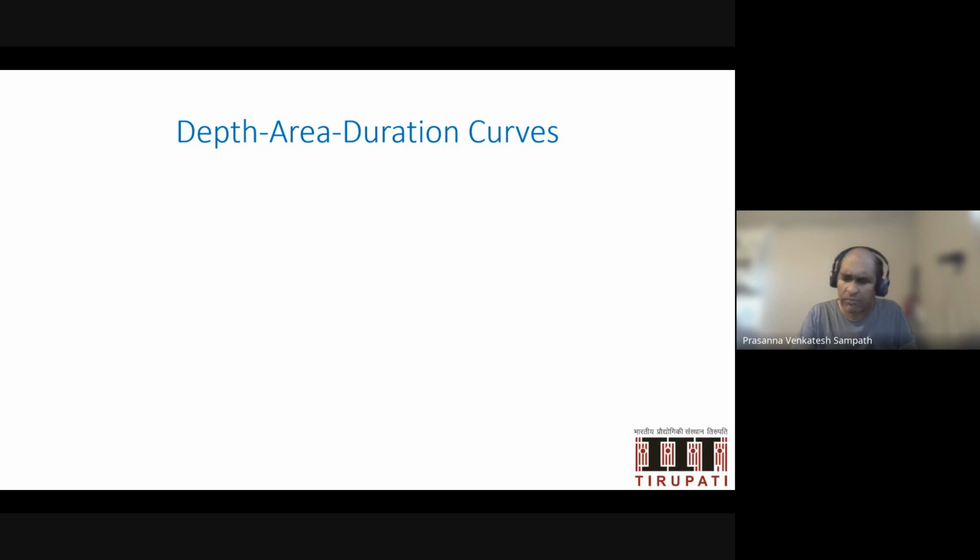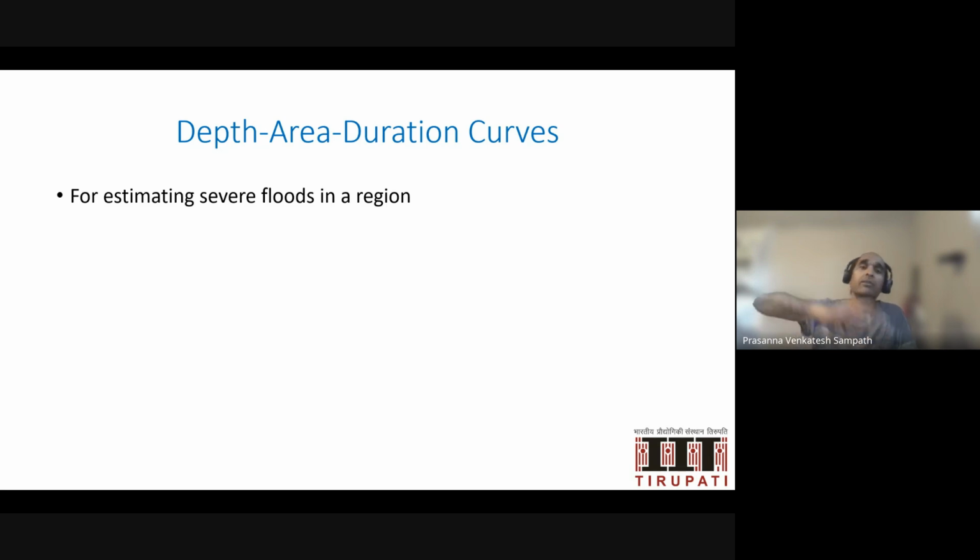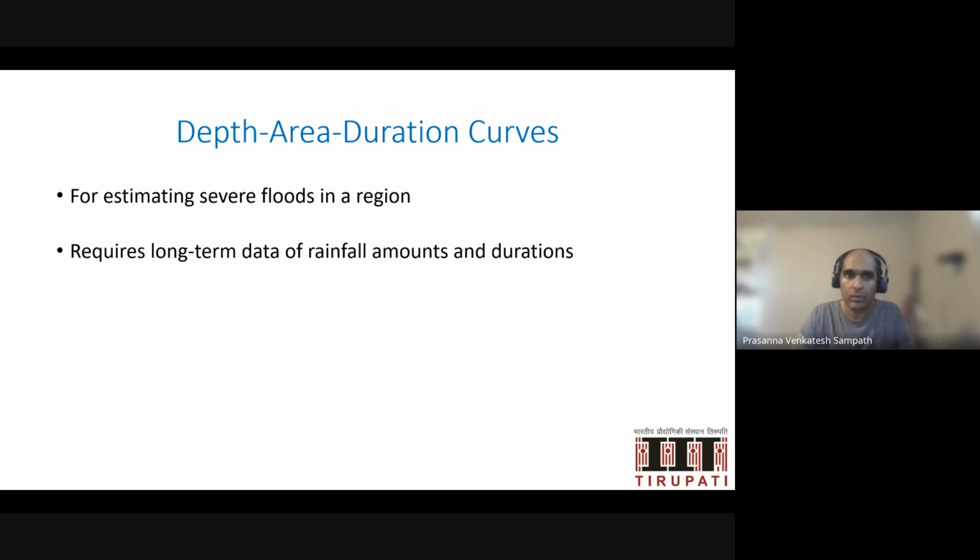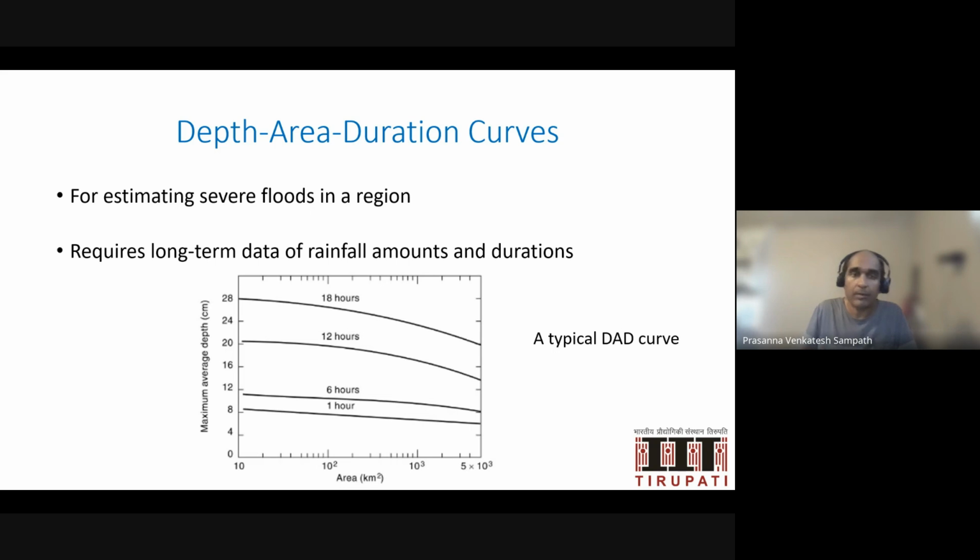So it's very useful if you want to estimate severe floods in a region. You can use the depth, area, duration curves. I'll show you a typical example of a DAD curve, right? Of course, it requires long-term data of rainfall amounts and durations, and then you can figure out what the DAD curve for a certain region is.